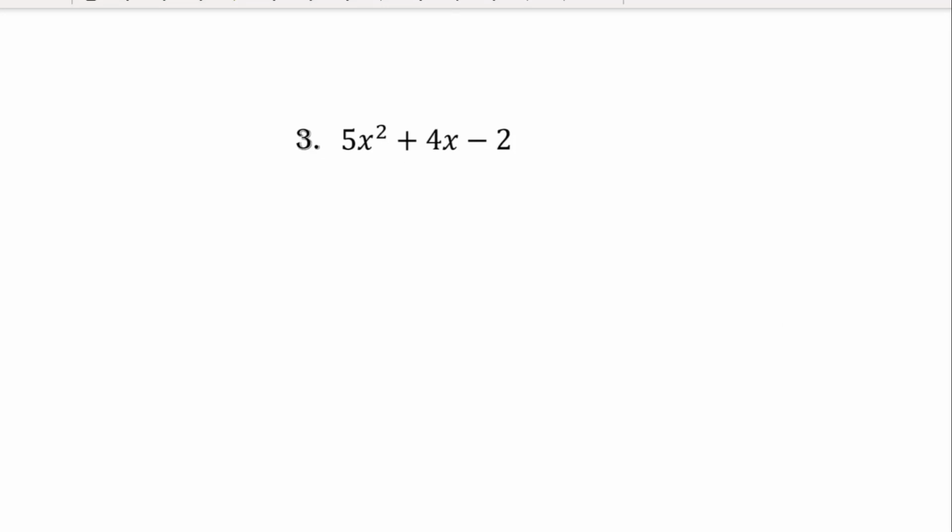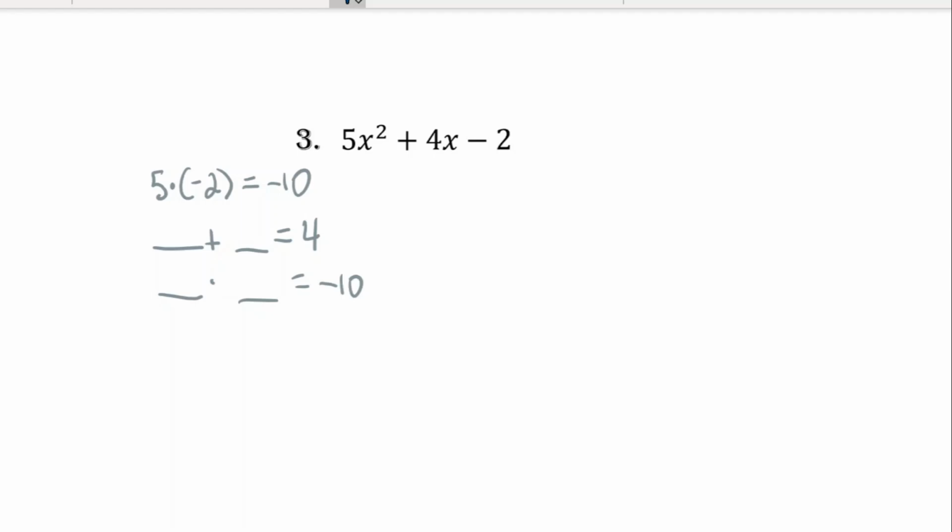All right, final example here. Let's see if this one works out. We can't GCF it, can't do perfect square trinomial, so we're stuck with going 5 times the negative 2 to get negative 10, adding up to 4, and multiplying to be negative 10. Let's see if this works.